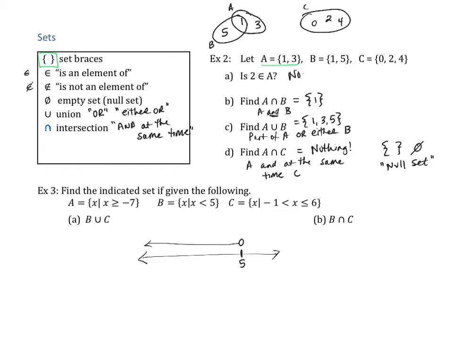Okay, so that's B. And C is just going between -1 and 6. Okay, so this is C. So we're going between -1, but it's not including it, so I'm going to have an open circle. And then we're going to 6, and I can include that.